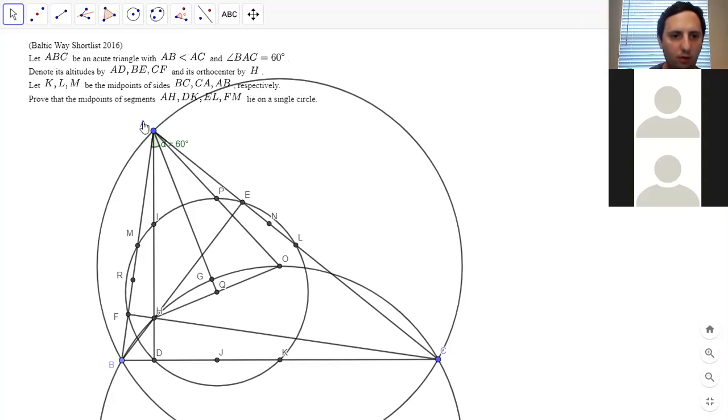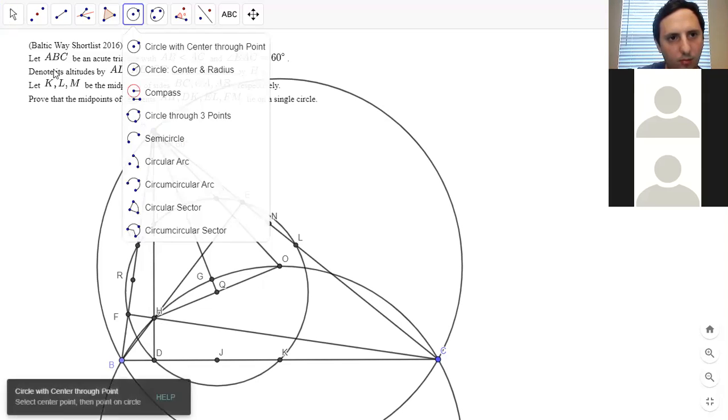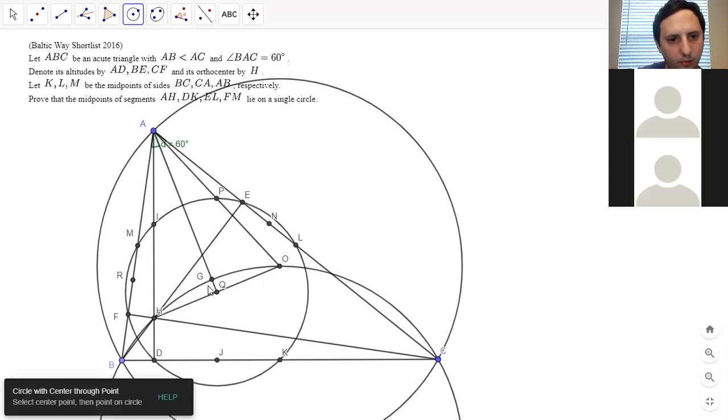All right, so GR is equal to GN. So yeah, G lies on the angle bisector. Then GR equals GJ. So basically that's saying, let's say I did draw that circle.